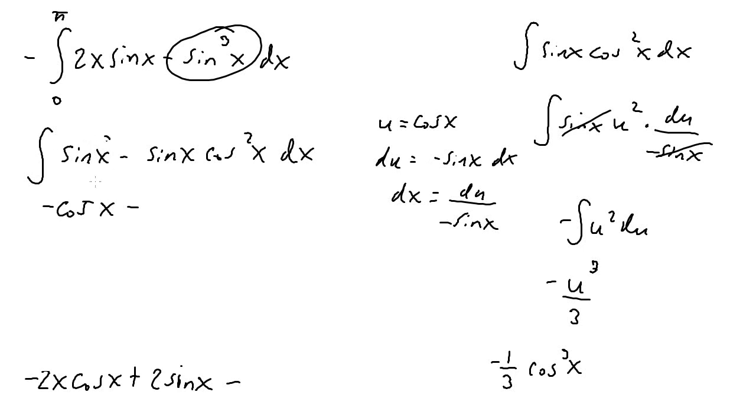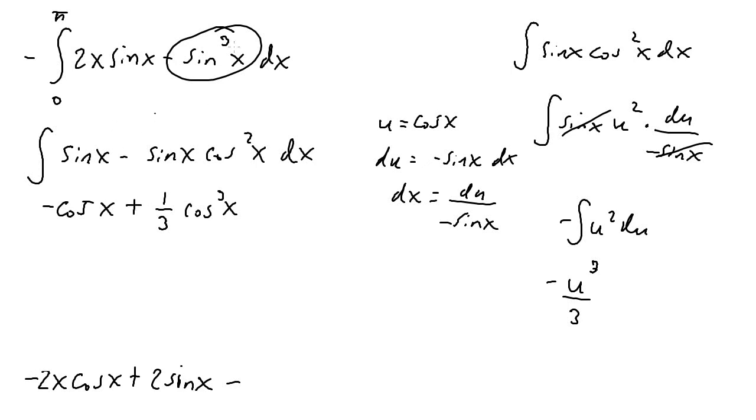So the integral of sine of x is negative cosine. We have minus integral of sine x cosine squared, which is negative 1/3 cosine cubed. So I go ahead and connect those two together. We have minus a negative, so if I erase that, we just have a positive 1/3 cosine cubed x.